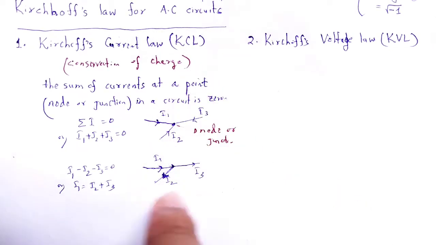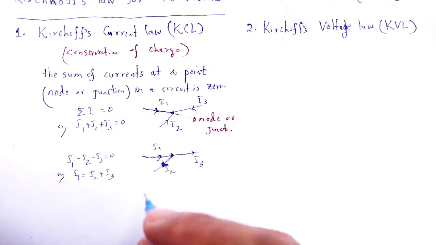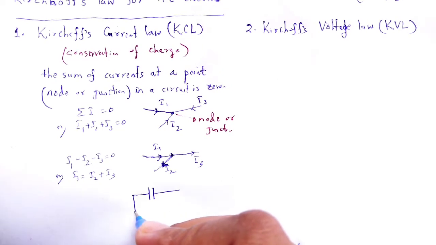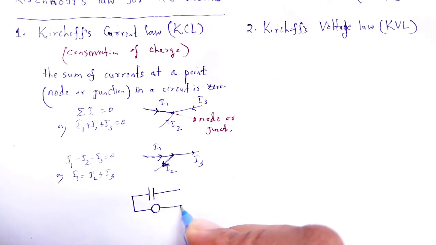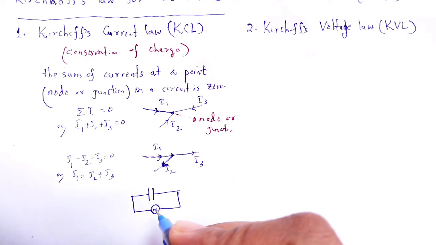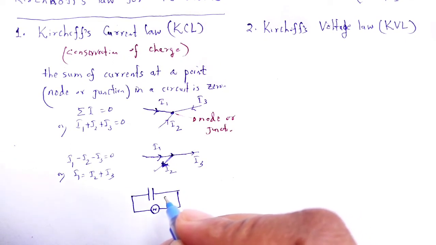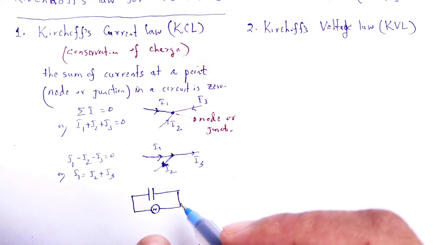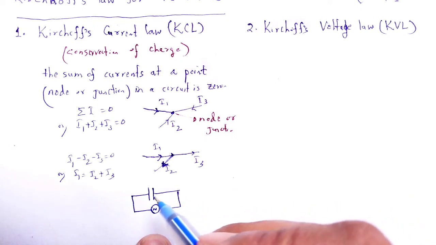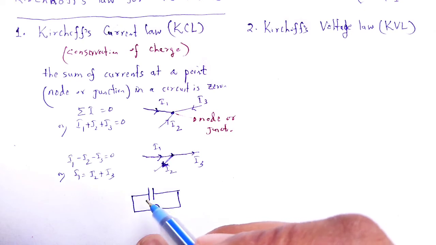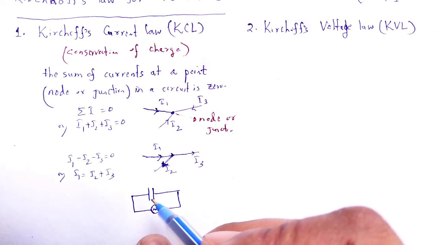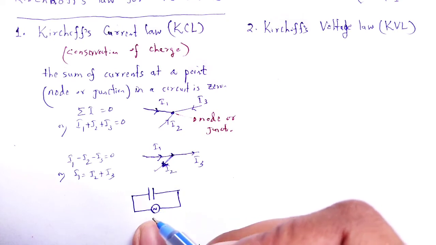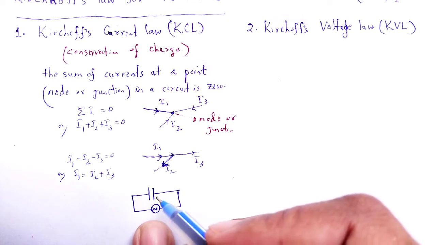Here in case of AC circuits, if a capacitor is connected to an AC circuit, then the charges do accumulate, and an equal amount accumulates, due to the current changing with time.